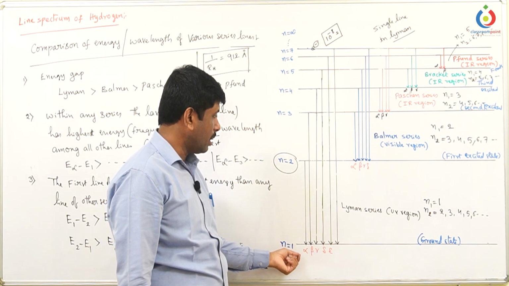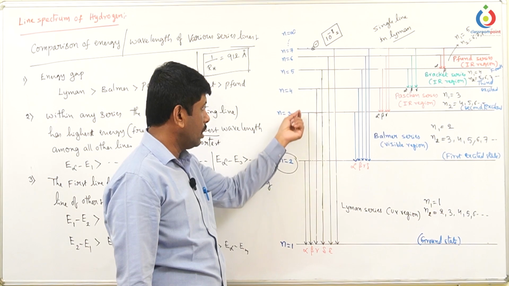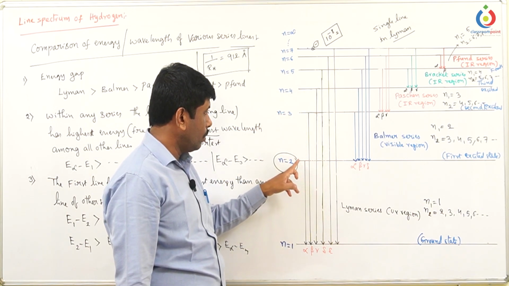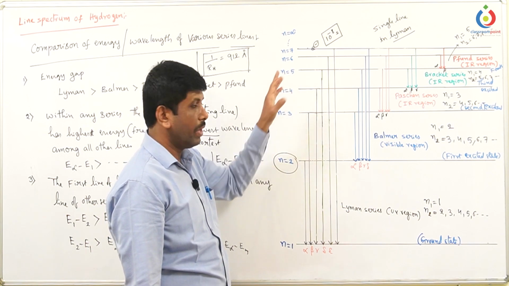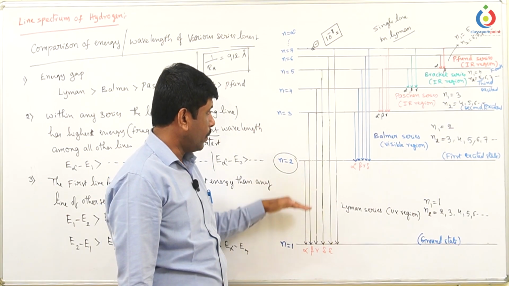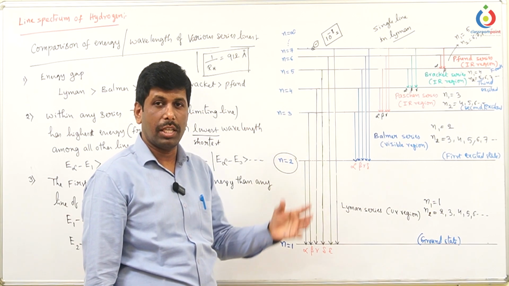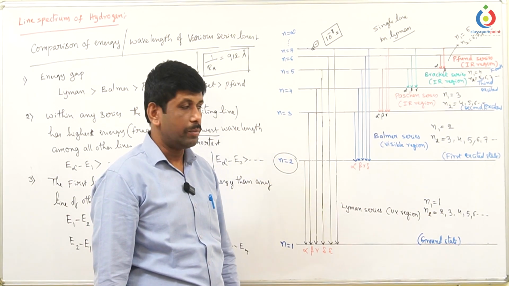That means the electron either goes directly to the second energy level, or to the third, or to the fourth. Going from 1 to 2, 2 to 3, 3 to 4, 4 to 5 is not possible. So stepwise excitation is not possible. Directly it goes to any one of the higher energy states. Why? Because it is taking the energy at a time.